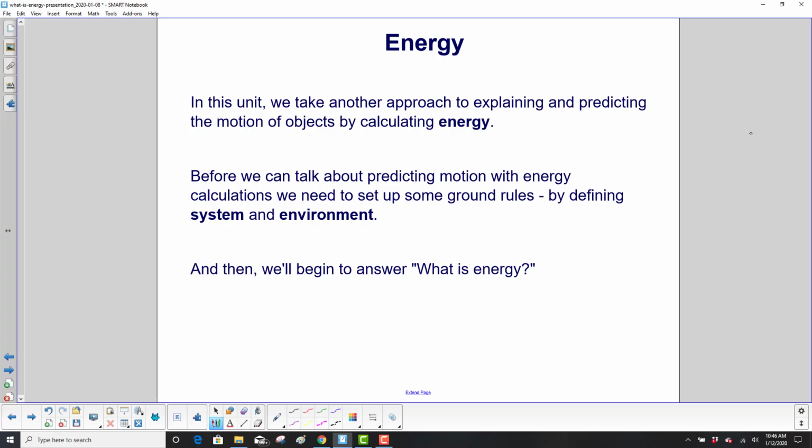In this unit, we will take another approach to explaining and predicting the motion of objects, still our end goal, by calculating something called energy. But before we can talk about energy, we need to set up some ground rules for how we will solve the problems. And we need to define the system and the environment. And then we'll begin to answer what is energy.